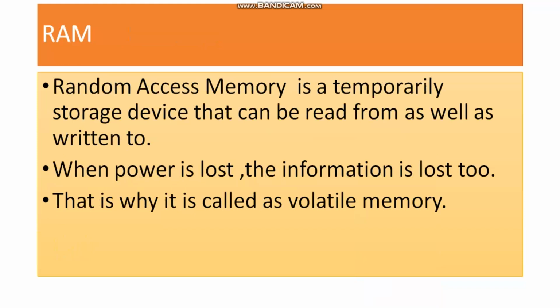RAM stands for random access memory, a temporary device that can be read and written. When power is lost, the information is lost too. That is why it is called volatile memory. So dear children, what is RAM? RAM is a type of internal memory. Its full form is random access memory. It is a temporary storage device, and whenever the power is lost, that is, when there is no electricity, the information will also be lost. It will not get saved. That is why it has one more name, volatile memory.